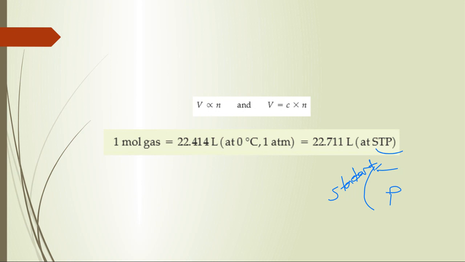Always 1 mole of gas equals 22.414 liters. Always, 1 mole of gas equals that volume. Don't forget that. It can be in the exam, and you have to know it.